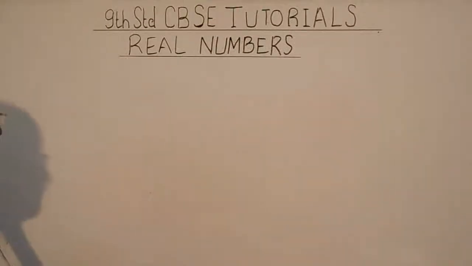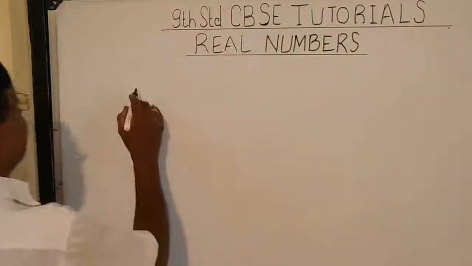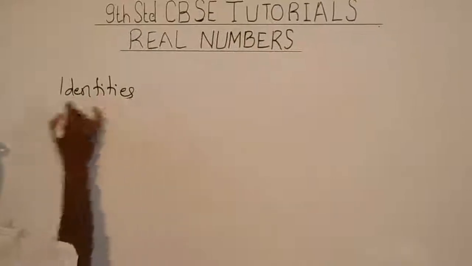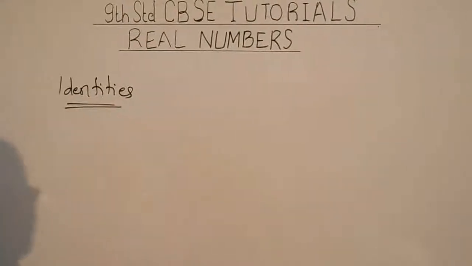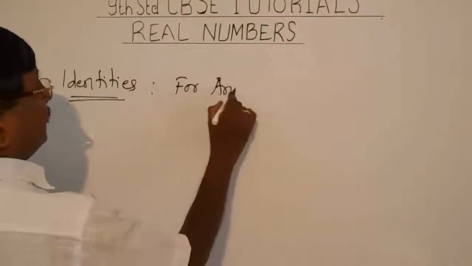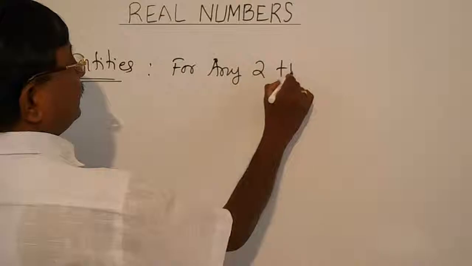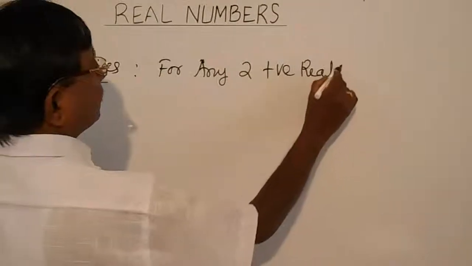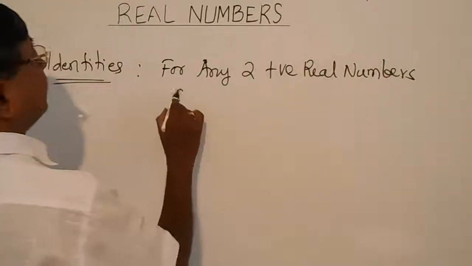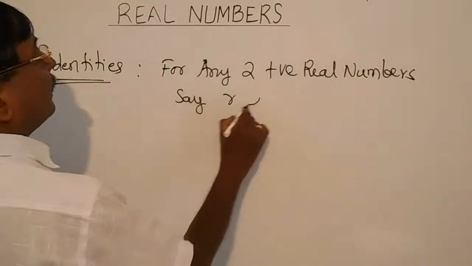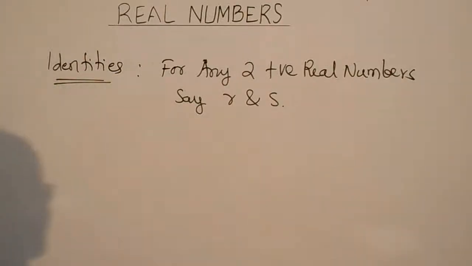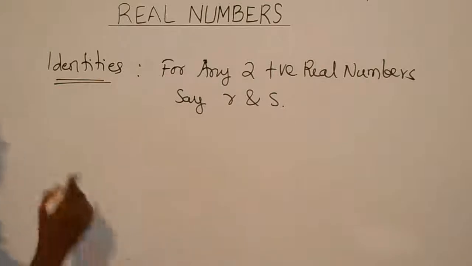In case of real numbers, we have a set of identities. So identities of real numbers: for any two positive real numbers, say R and S, we have a set of identities.